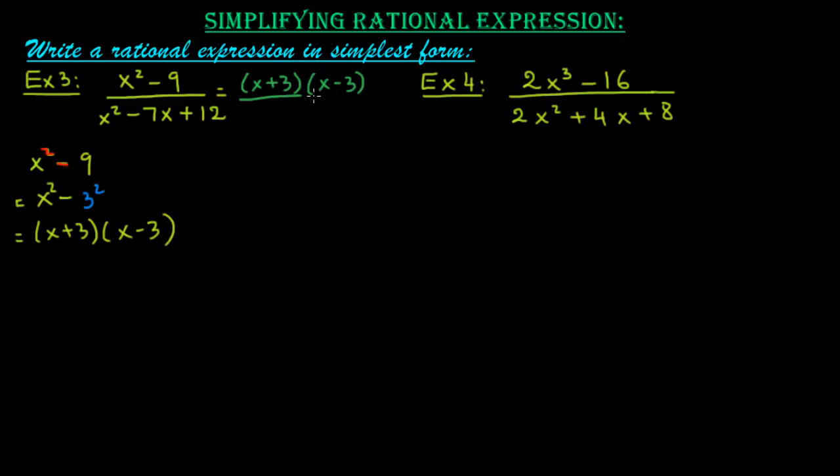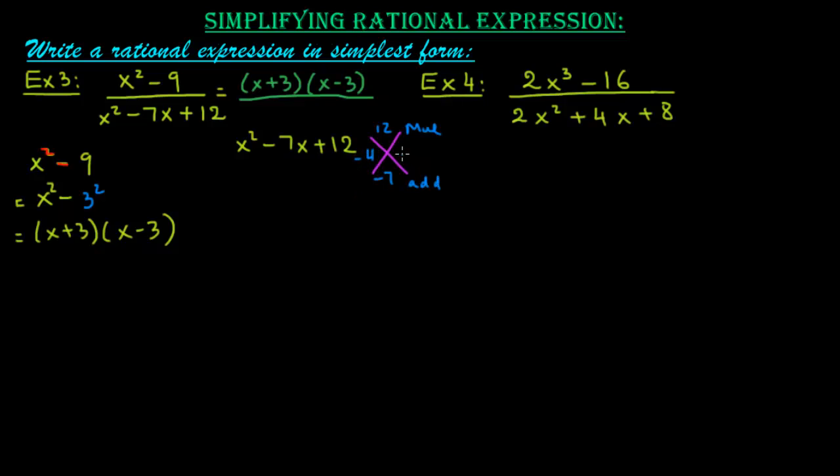Okay, divided by, so the bottom part we have to factor too. So x squared minus 7x plus 12. We have to factor this one by the diamond form. So draw the x, first number times last gives me 12 on the top and -7 at the bottom. So we need numbers that multiply to give 12 and add up to give -7.